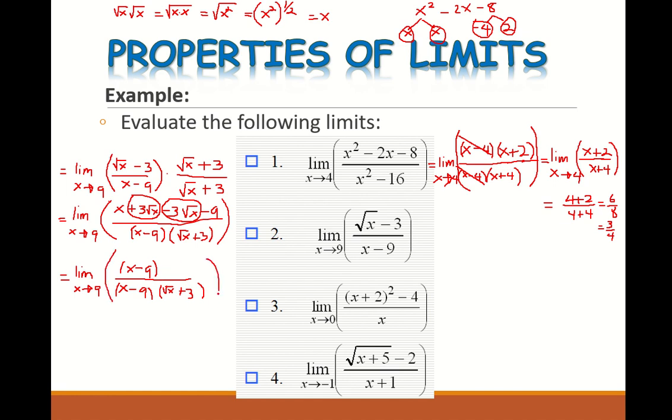And what you've noticed is that at the numerator we have x minus 9, and in the denominator we also have x minus 9, so x minus 9 divided by x minus 9 is 1. So what is left in the numerator is only 1, right?